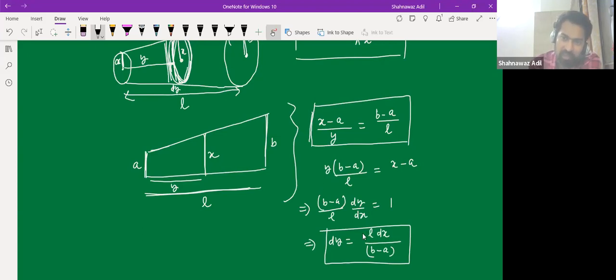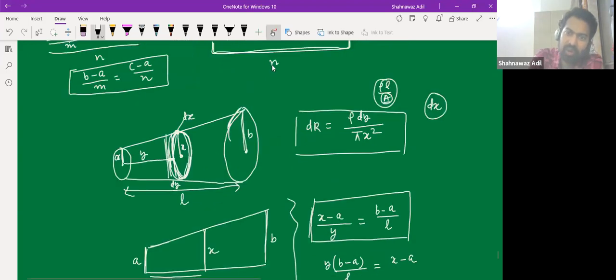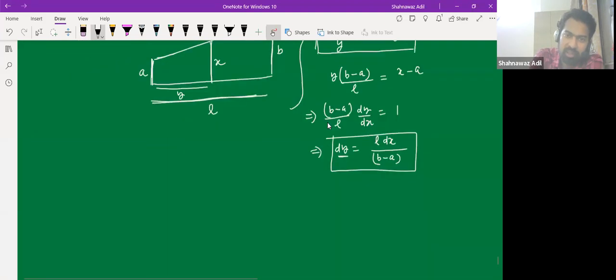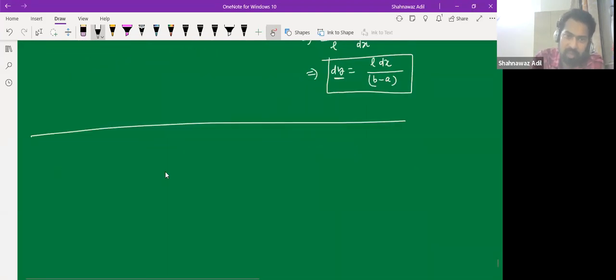Yes, sir. So now we have changed this dy to dx, right? What was this integral? The integral was dr, and this was rho dy divided by pi x square.